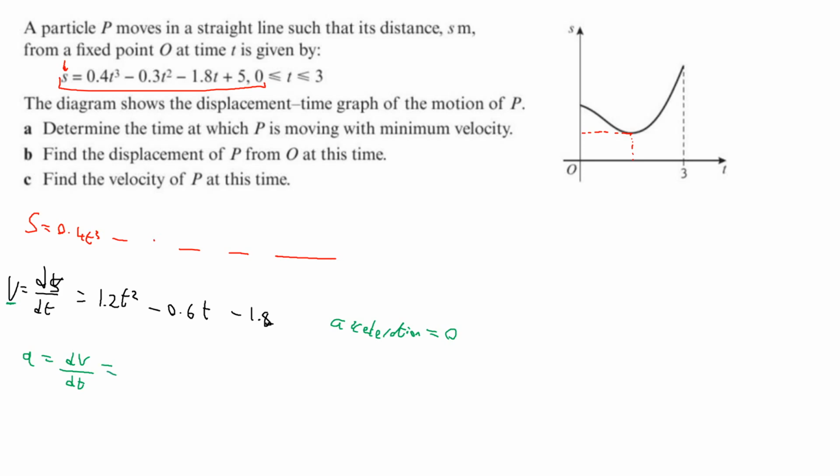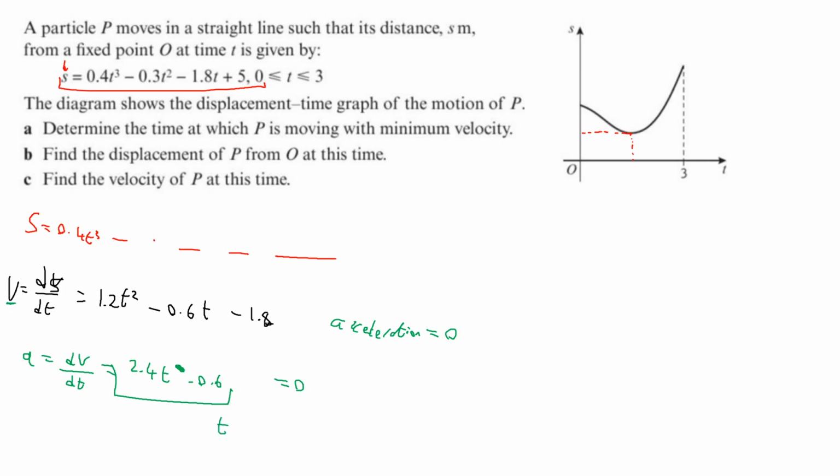So the acceleration is dv by dt, which is 2.4t minus 0.6. That's the acceleration function. We also know that it's equal to 0. So how are we going to work out what t is? We're just going to add 0.6 to each side.